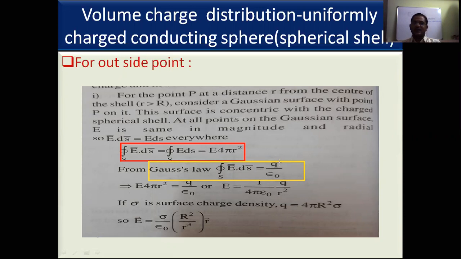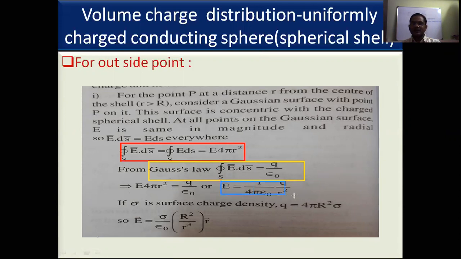Charge enclosed within the surface. So that is already, we consider the charge distributed over the sphere, how much? Q. Okay. So in the Gaussian surface, charge enclosed here equal to Q. So therefore, now E into 4 pi r square equal to Q by epsilon naught. From this, E equal to 1 by 4 pi epsilon naught Q by r square.